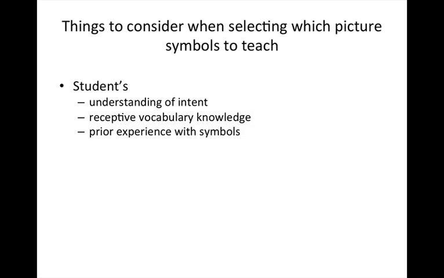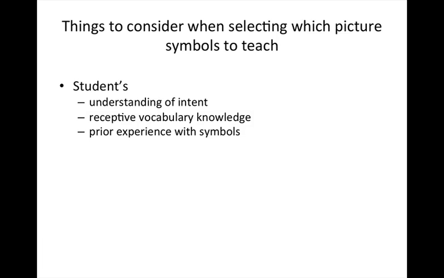So do they cry, but they don't quite understand that by crying, they're communicating discomfort to someone else? Is the student able to point or use some simple gestures in some way? These aren't prerequisites, but we need to have some level of understanding of what students know about communication intent as we're introducing symbols to them.